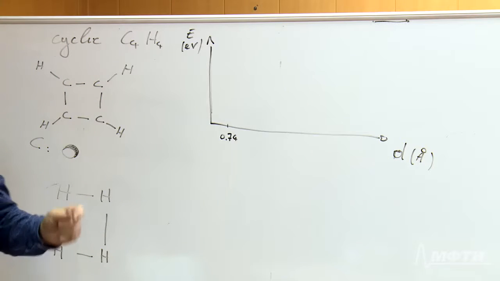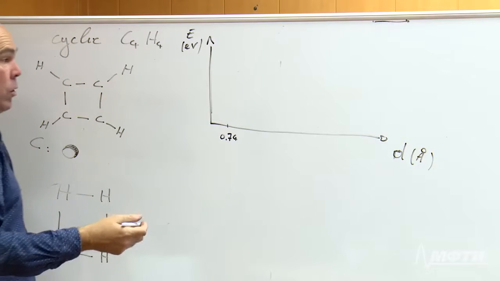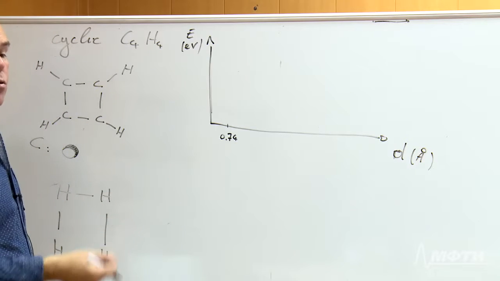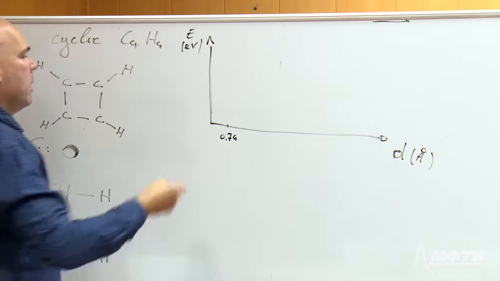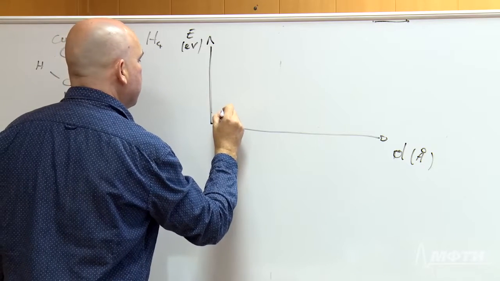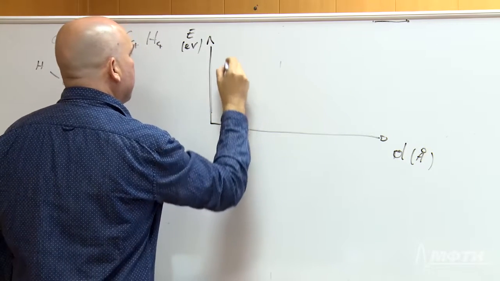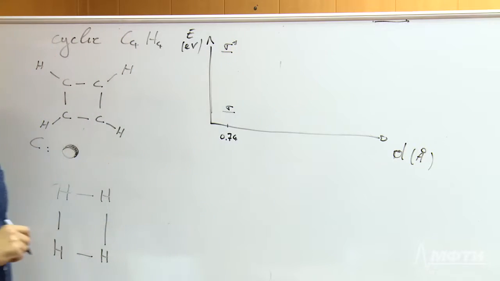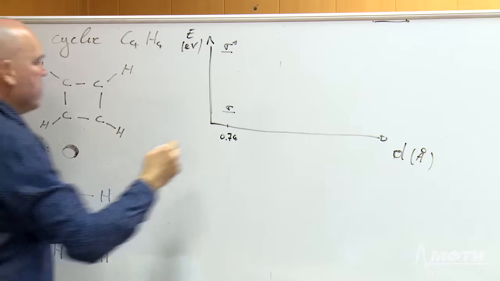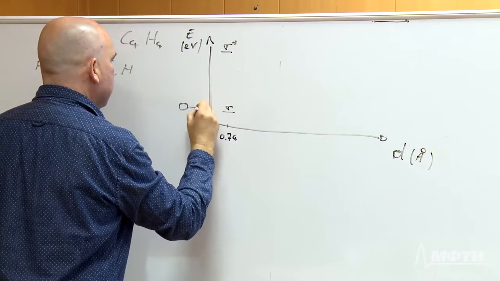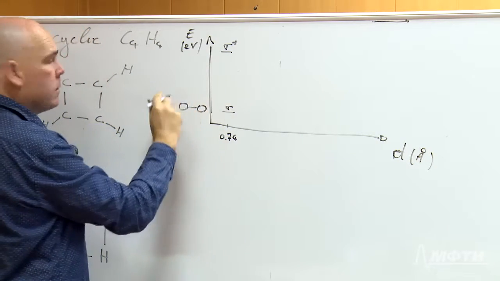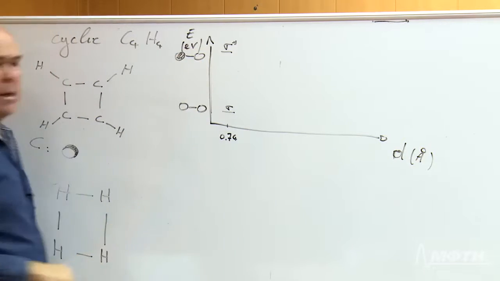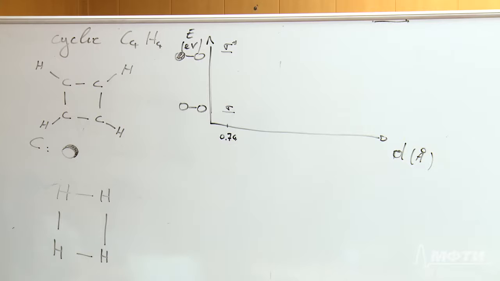Are you following me? It's okay? So I have H2, so two s orbitals, so two molecular orbitals, the sigma and sigma star. So I draw the sigma here and the sigma star, like this. I can draw the orbital, so one is like this, the in-phase combination, and here the out-of-phase combination.